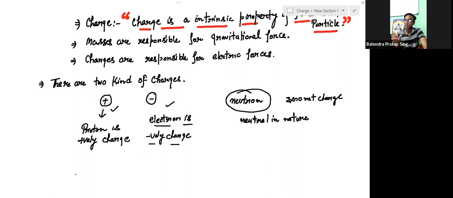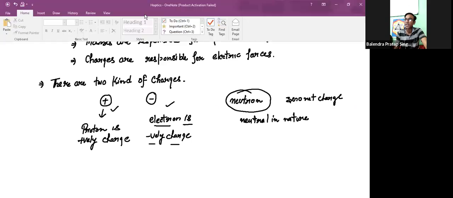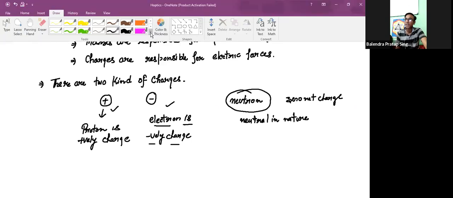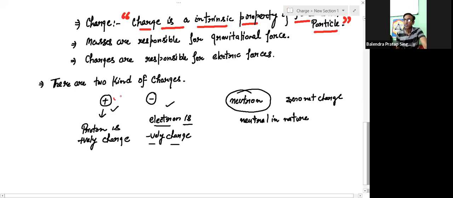So there are two kinds of charge: one is positive charge and another is negative charge. The idea of positive and negative charge was totally arbitrary.